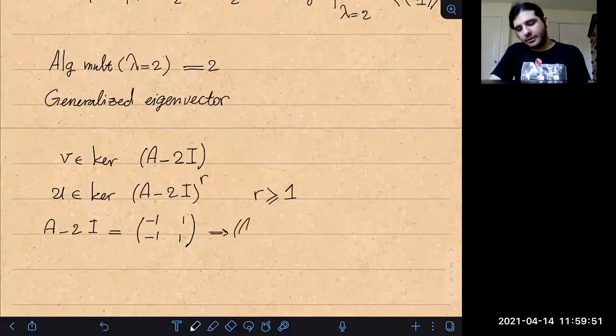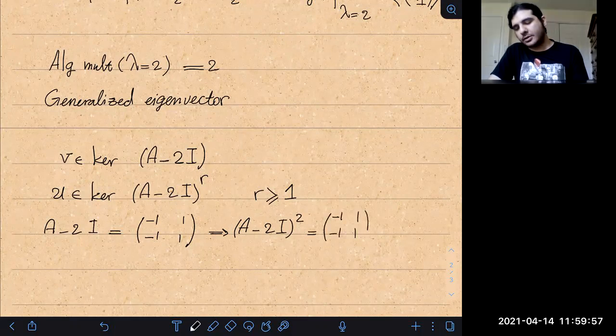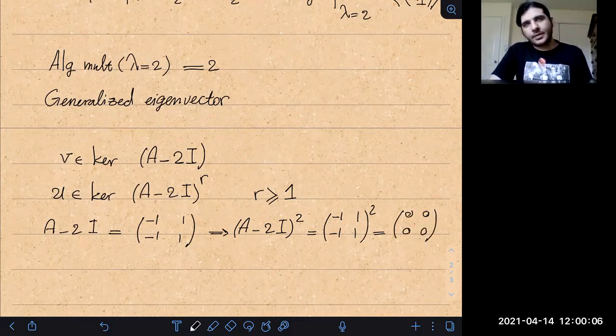For example, this matrix squared is actually just the zero matrix. It has 0 in all entries. And we know any vector is in the kernel of the zero matrix.